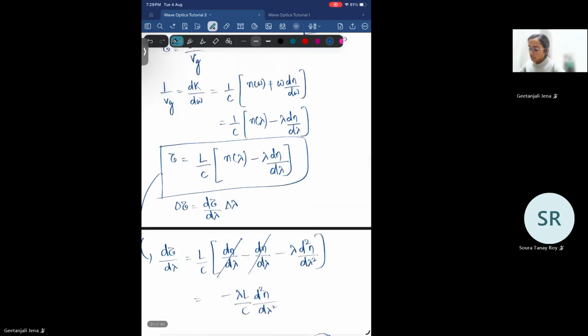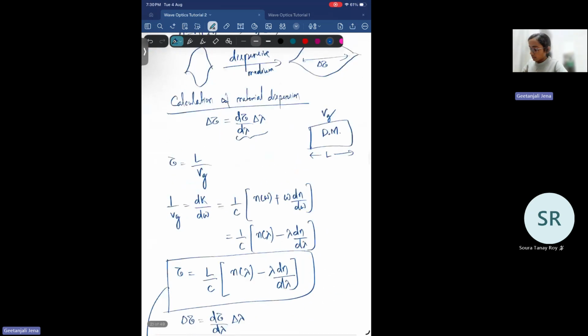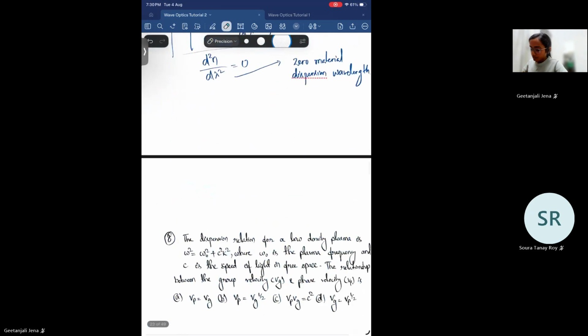Okay. So in the question, the relation between n and lambda is given. To find the zero material dispersion wavelength, we need to take the double derivative.